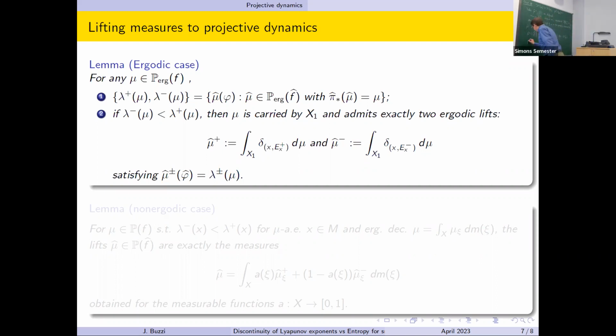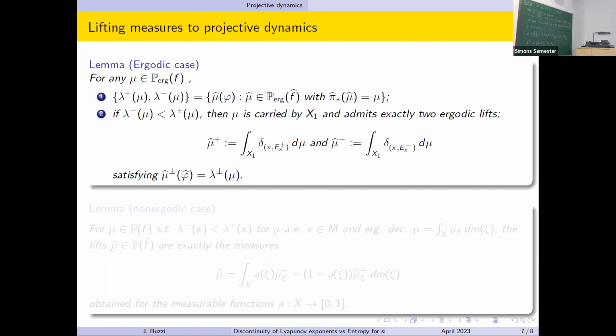If you wish, I can introduce the graph itself. And now the equivariance here exactly tells me that this graph is invariant: F hat of gamma plus is equal to gamma plus. Right? It is exactly rewriting this equivariance. Therefore the set here is invariant.